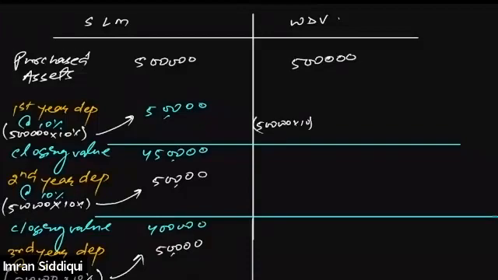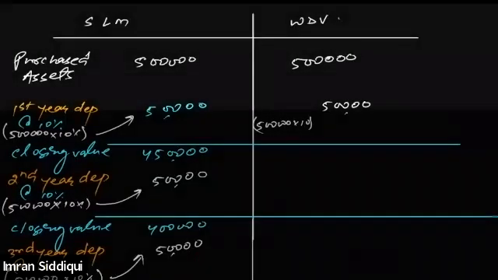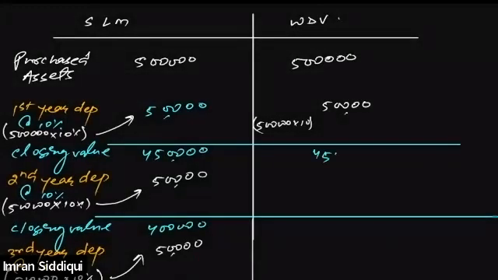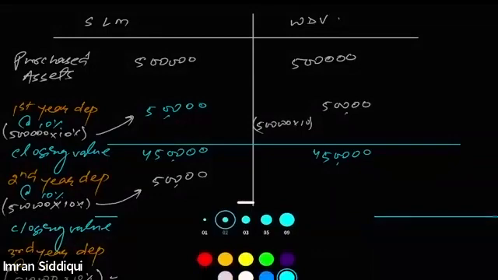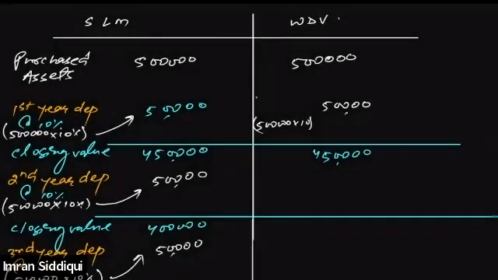That means it will be 50,000. So for the first year, depreciation will be 50,000. And at the end of the first year, the closing value will be 4,50,000 in this case as well, just like the straight line method. You understand that? For the first year, everything will remain the same. First year's depreciation.